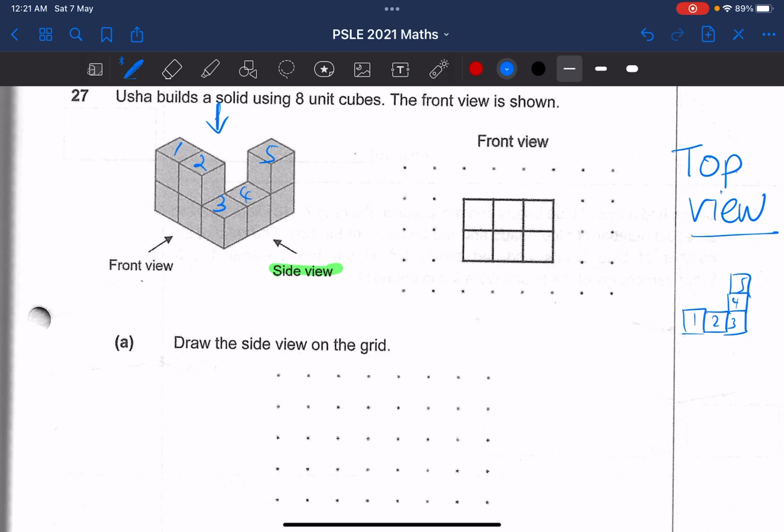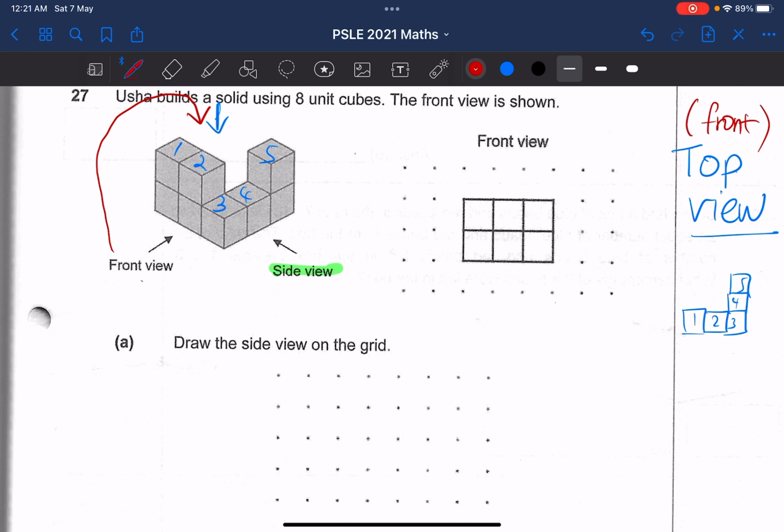Okay, so the top view, by the way, I mentioned this last year, and also I'm sure Ms. Yap has done it in 5F. The top view must be you standing on top at the front side. Okay, that means you are actually seeing from the top like this, from the front.